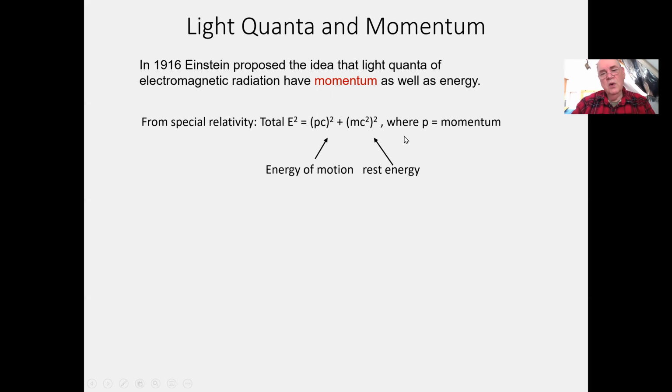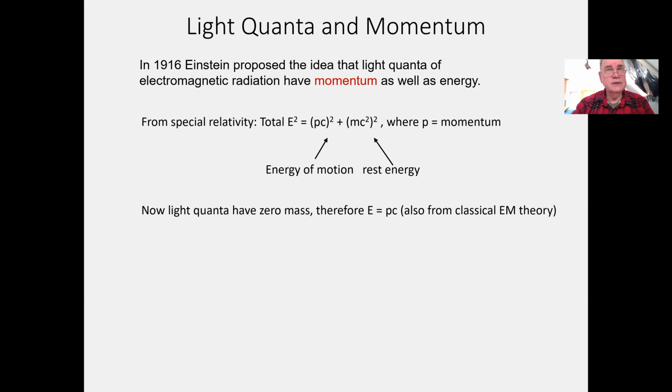Okay. Well, a photon has no mass, right? So therefore, it only has this pc component. So the energy is equal to the momentum times the speed of light. And certainly electromagnetic theory does posit that light can exert a pressure.